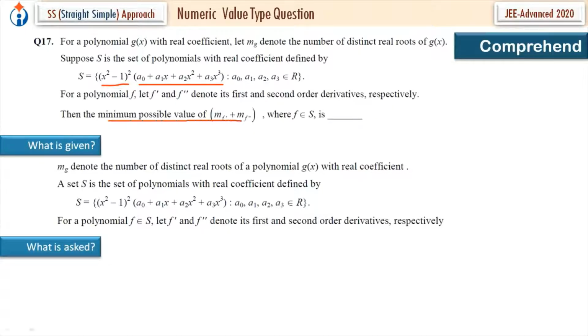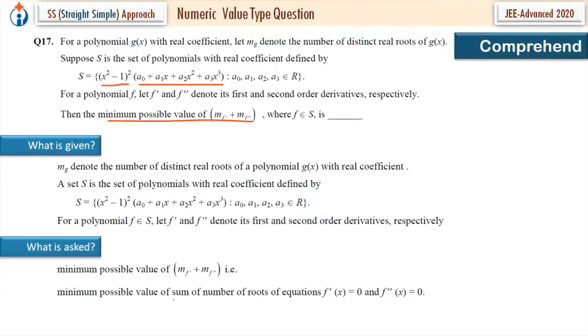The minimum possible value of m_f' plus m_f'', which means the minimum possible value of the sum of the number of roots of f'(x) = 0 and f''(x) = 0, because m_g denotes the number of distinct real roots of polynomial g(x).